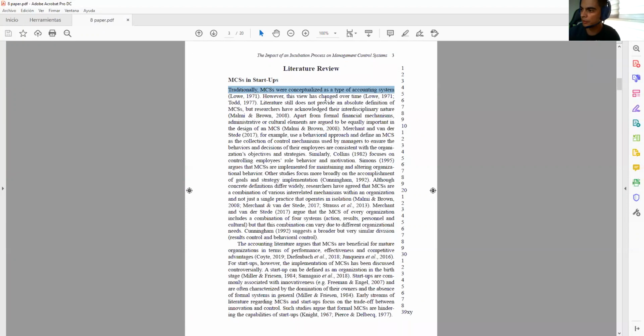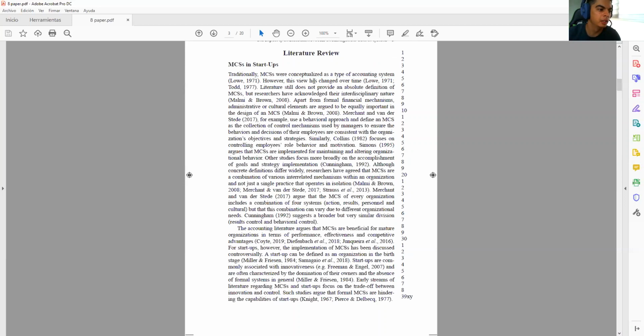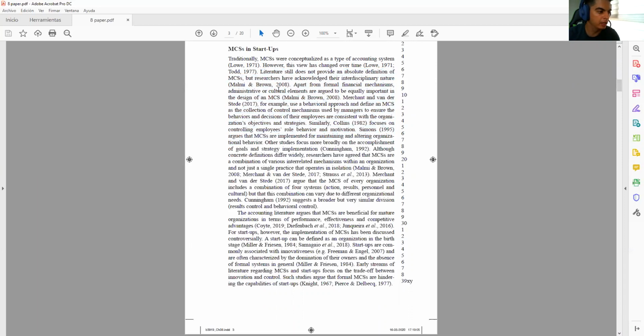This is what I said earlier in the presentation, that you acknowledge that there are different definitions. So she says, usually management control systems are defined as this, but this view has changed. And then she talks a little bit about different definitions. This is where I am telling you that you talk about different papers. She says this paper, I think this is a book, thinks more about behavior in terms of control instead of just financial mechanisms.